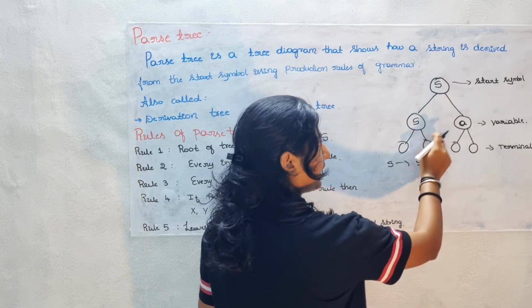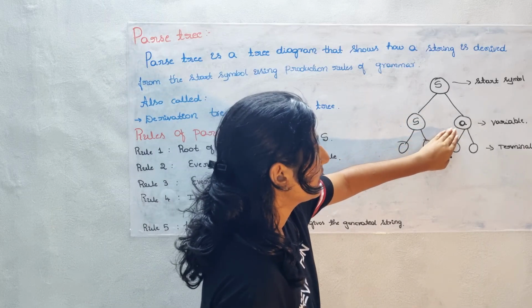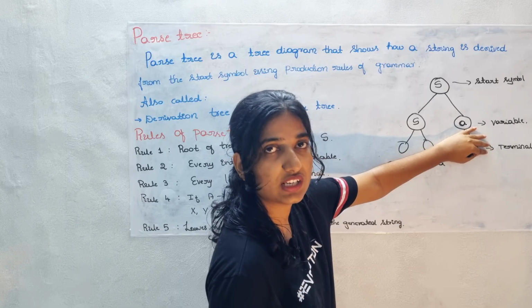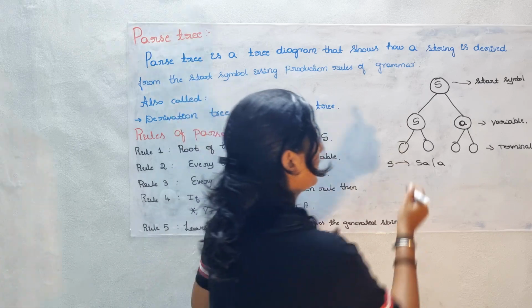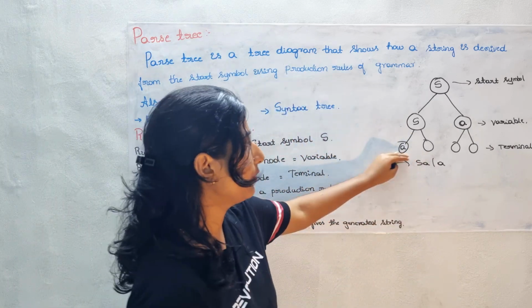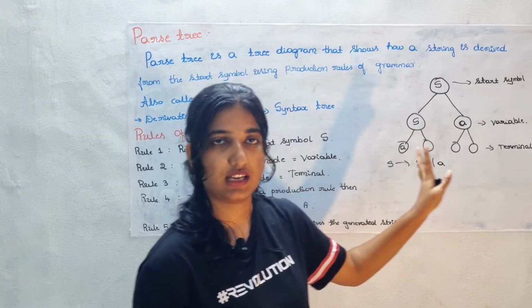They both are the children of S, and look here, this is a terminal, so there will be no children, okay? No children for a terminal, that will be the final thing. And here we have S, so we can derive A here. Clear? So at the end we will have only terminals to generate the final string.